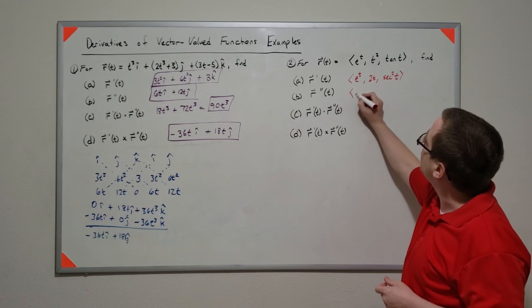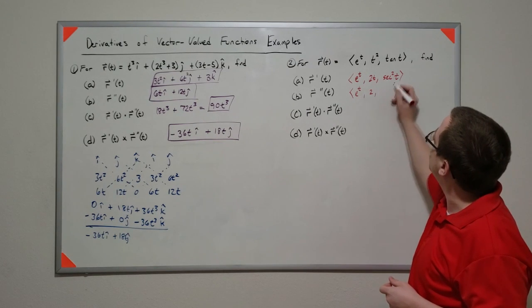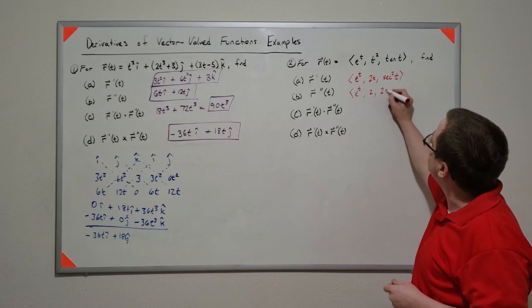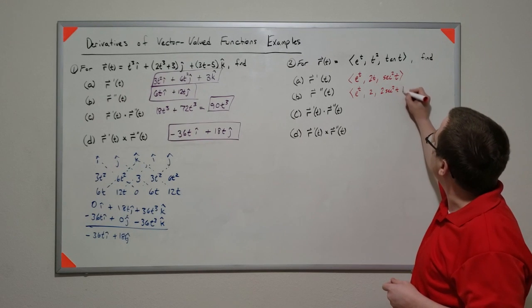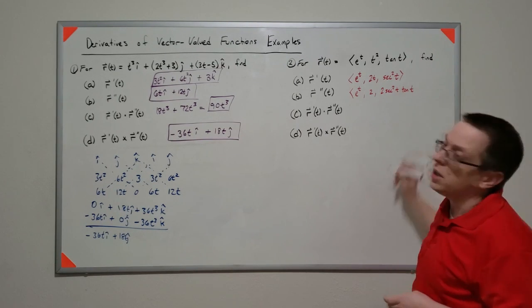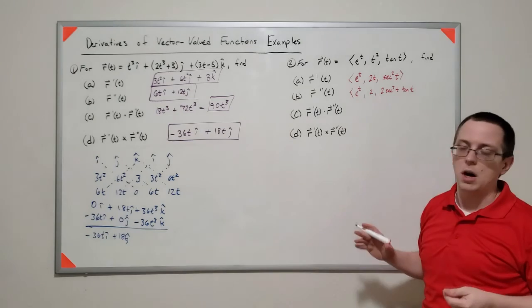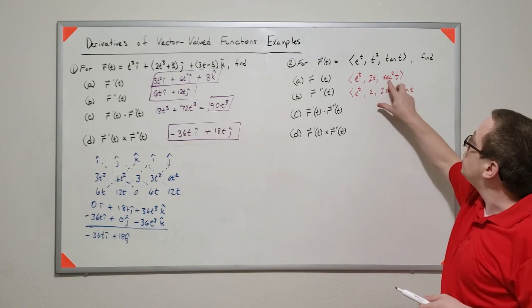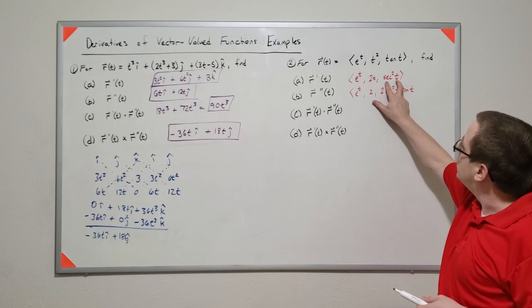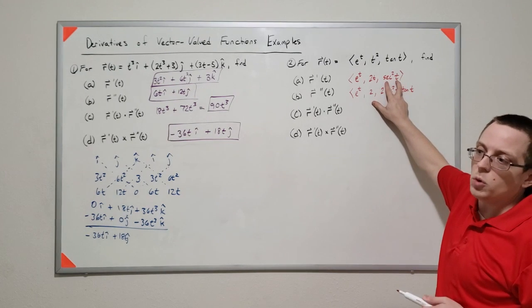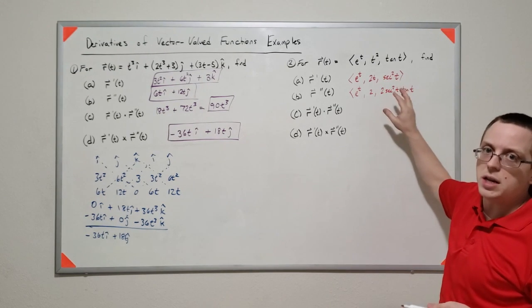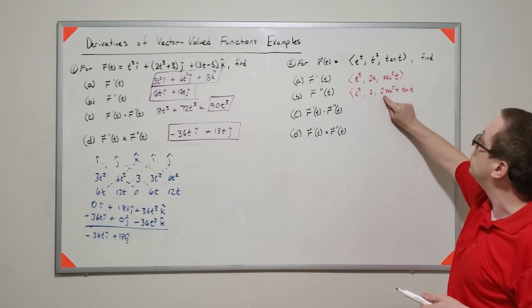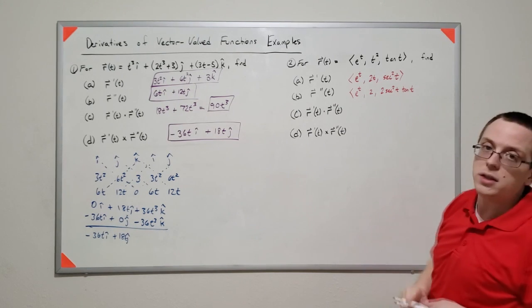R double prime is e to the t, 2, and 2 secant squared t tangent t. Now you may not remember that off the top of your head. That's power rule. We bring down the 2. We have standard secant left multiplied by its derivative, which is secant t tangent t. So we have 2 secant squared t tangent t.